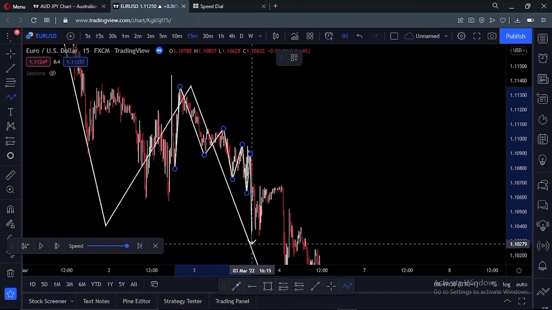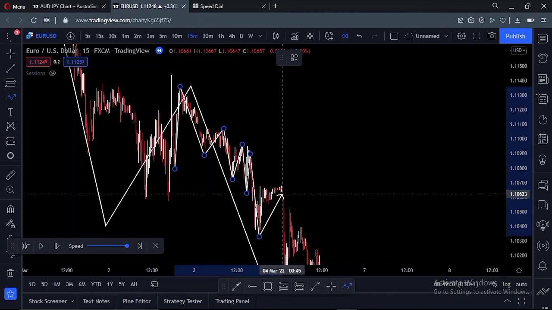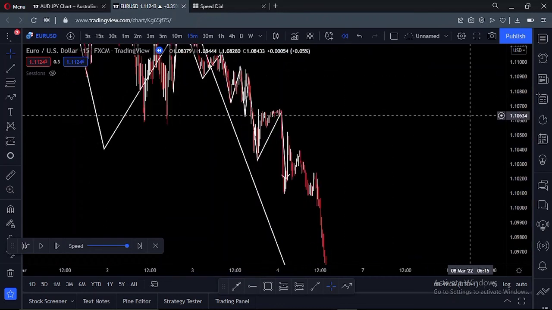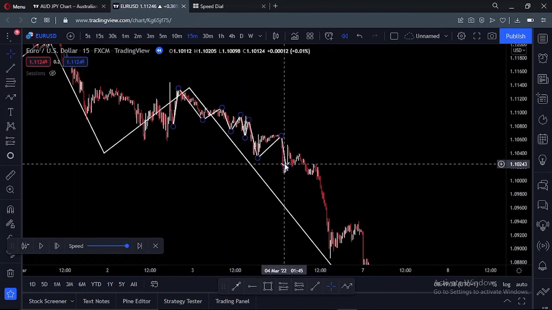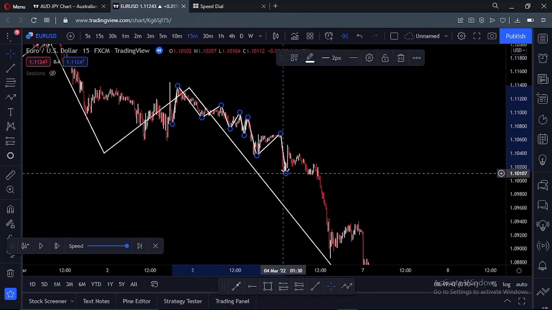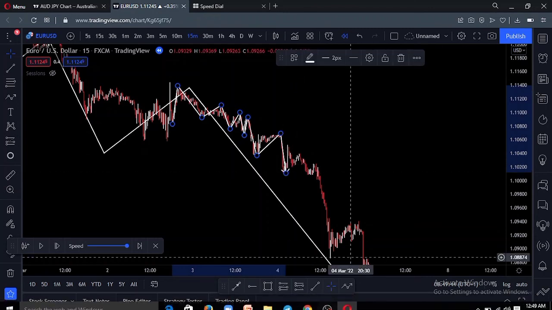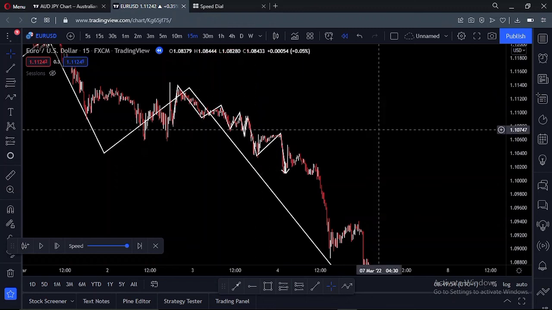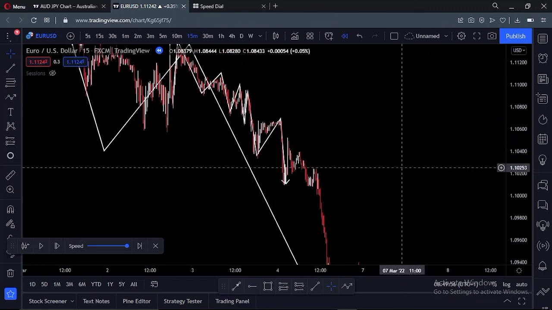You can see it. So this just goes to show that we need to be aware of where we are in price and in structure. So yeah, that is basically that.